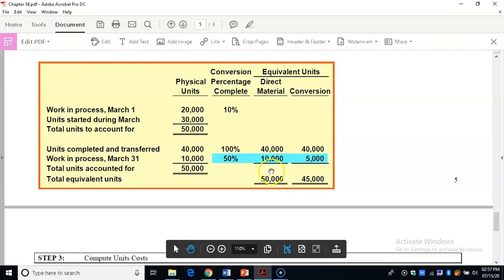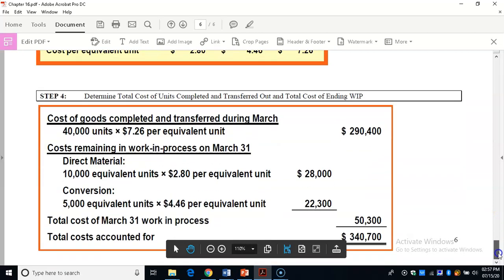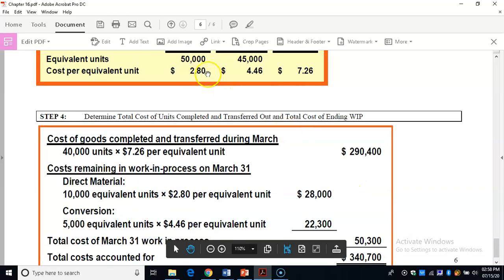At the end, we had 10,000 equivalent units for materials and 5,000 equivalent units for conversion cost. How much material goes into each unit? $2.80, right? So the ending work in process consisted of 10,000 equivalent units for materials. There's $2.80 in materials for each unit, so that's 28,000.